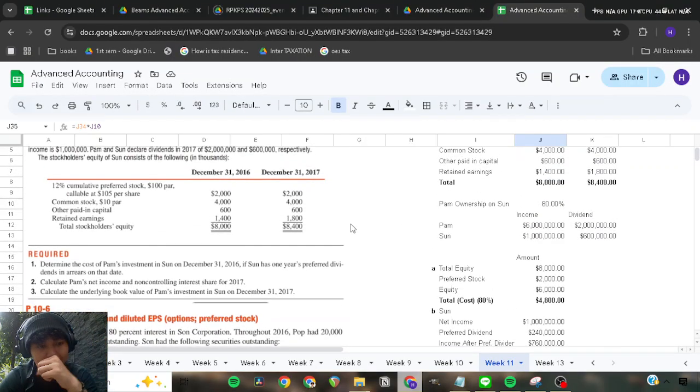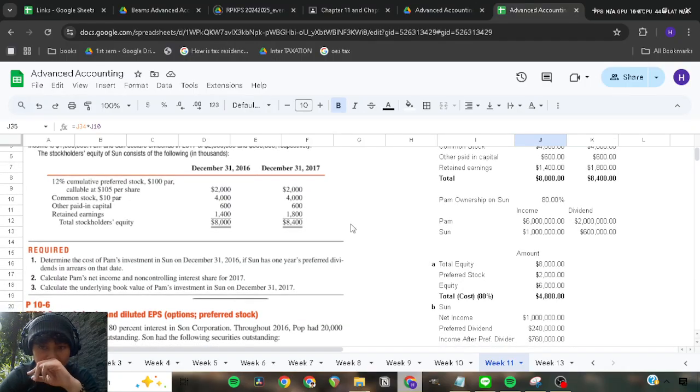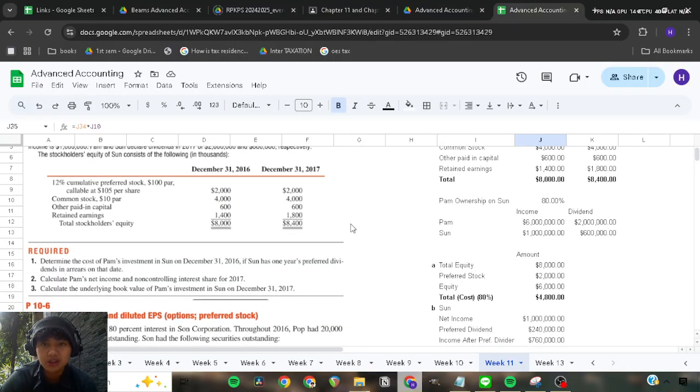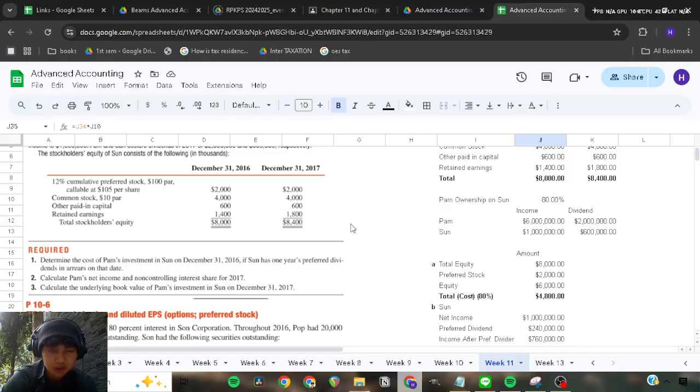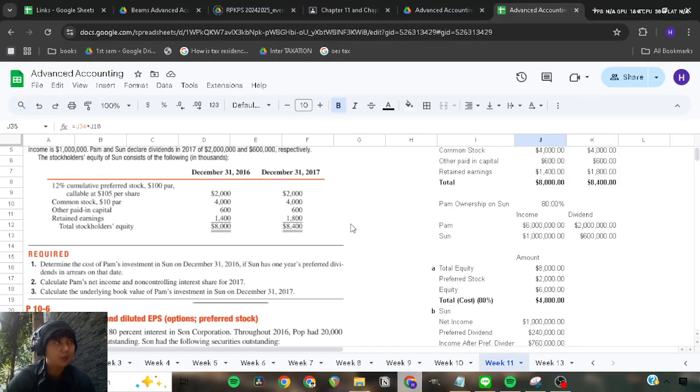To sum it up, the calculations here are very similar to the normal consolidation techniques that we have previously learned. But the main difference is that since you have preferred dividends, preferred shareholders are more prioritized, so they get dividends paid first, they get everything first basically because they're the preferred ones, higher priority.